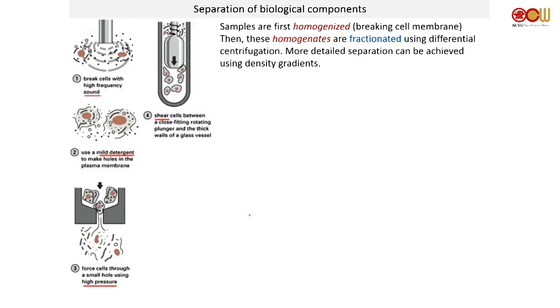Now, a key thing I want to mention is how do you prepare these homogenates? How do you break the cells open? You don't seriously use a blender, because that's not efficient enough. These samples are first homogenized, that is, breaking the cell membrane. We pop the cell open, and the homogenates, the things that leaked out, are then fractionated using differential centrifugation.